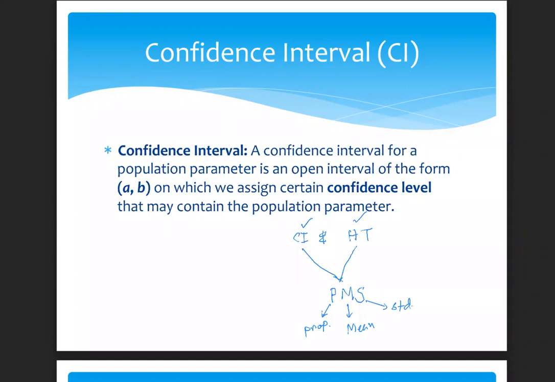We are going to do confidence interval for proportion, confidence interval for mean, and confidence interval for standard deviation. Similarly, we are going to do hypothesis testing for proportion, hypothesis testing for mean, and hypothesis testing for standard deviation.